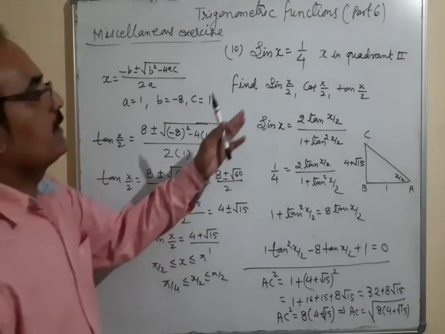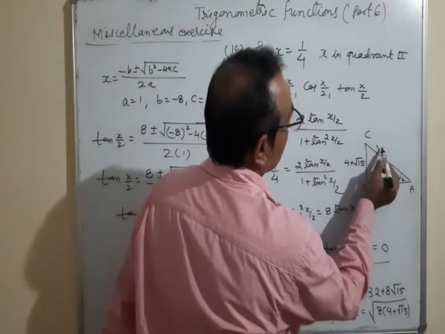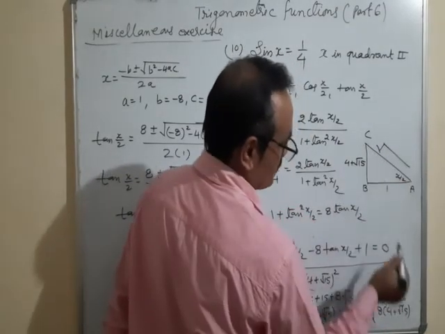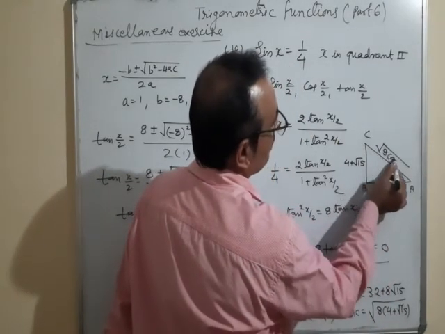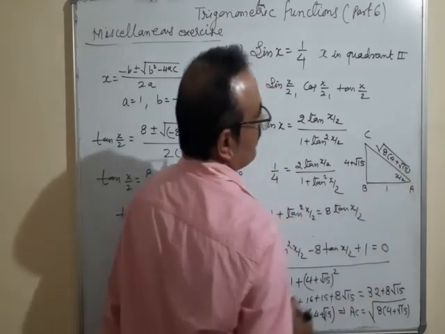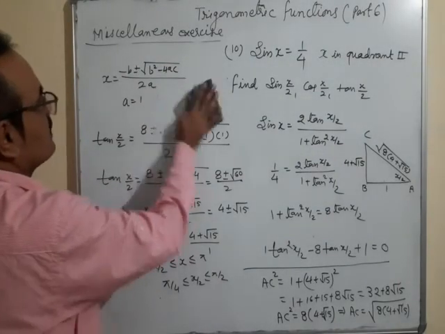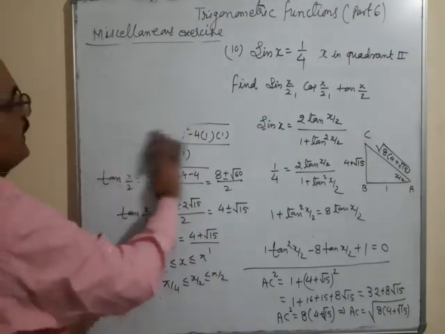Now we are finding sin x by 2, cos x by 2 and tan x by 2. So here I am writing, 8 times 4 plus under root 15 under the root is the value of the hypotenuse.